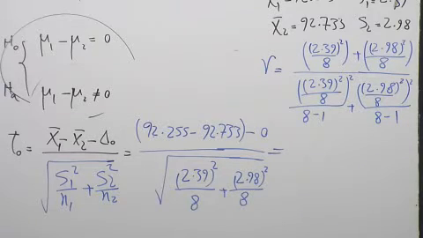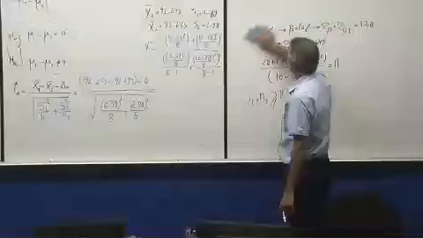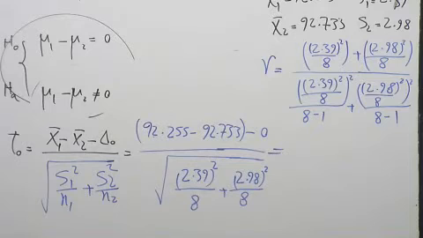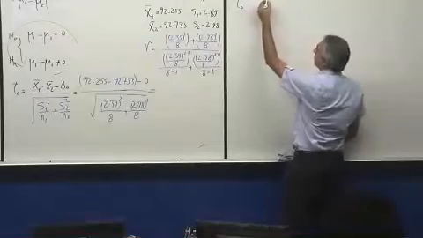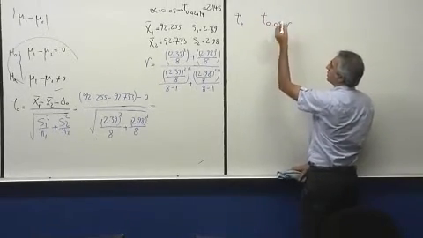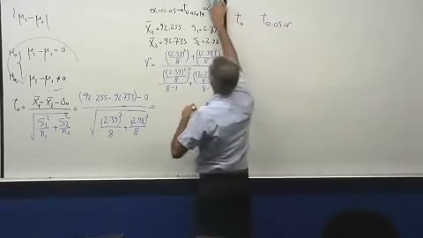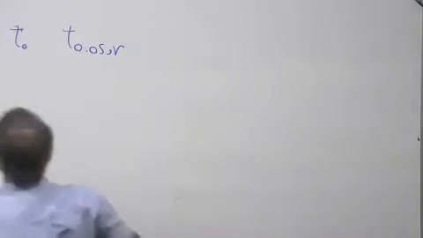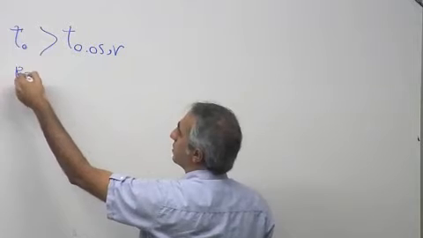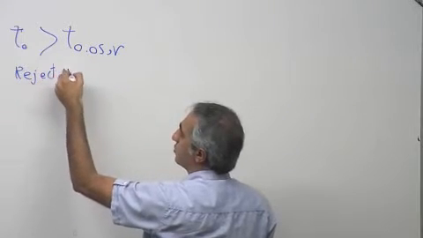Okay, so then what you need to do is compare this T0 with T of 0.05 and this new degrees of freedom. Okay? If it is greater than this, then we reject H null.